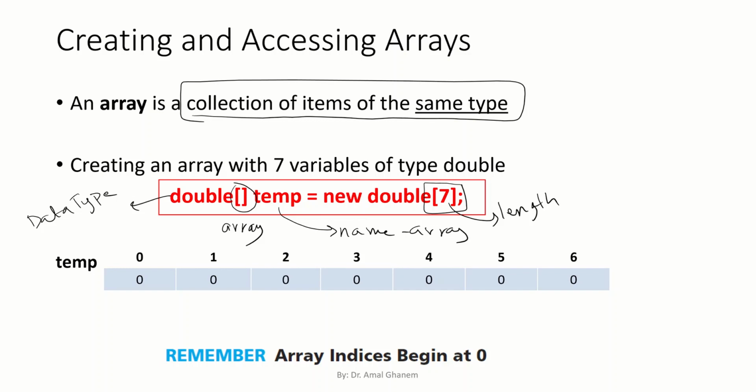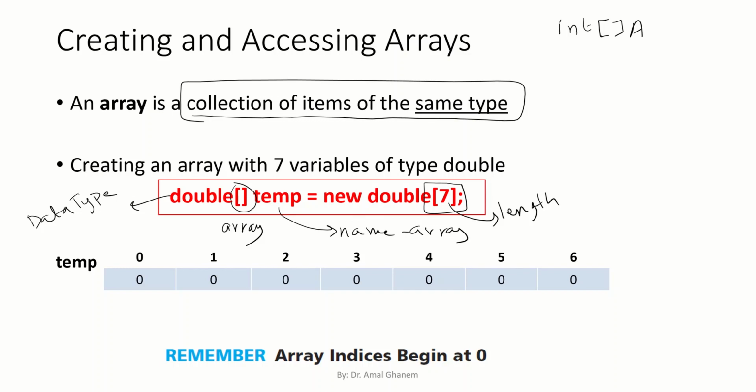Let's have another example of another array. Let's assume I have the following. I'm saying the data type I would like is integer. And then I will have brackets, so it means I need an array, not a single variable. Let's call it, for example, A. So A will be the name of my array.